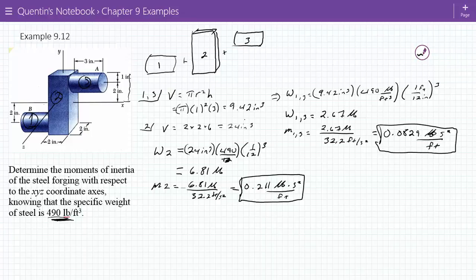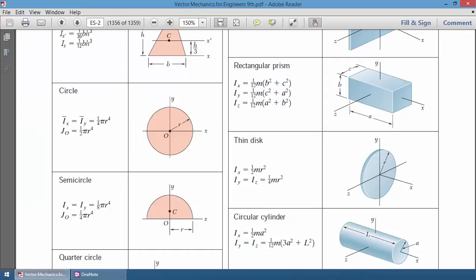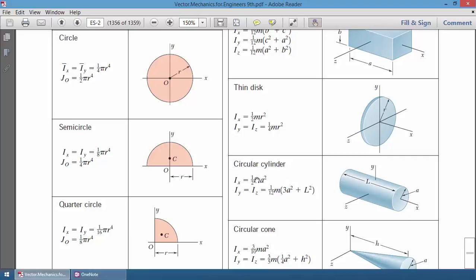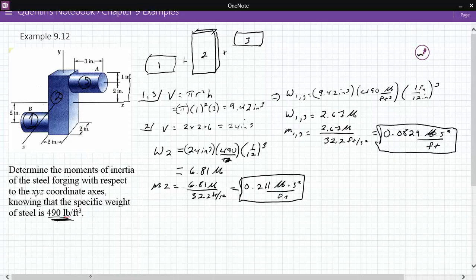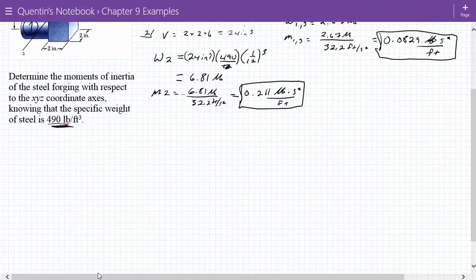So why do I care about the mass of 1 and 3 and 2? Because again, I'm going to build this up one part at a time, and for the mass moment of inertia we have to have the mass for all of these. So let's come back here and figure out the cylinders.